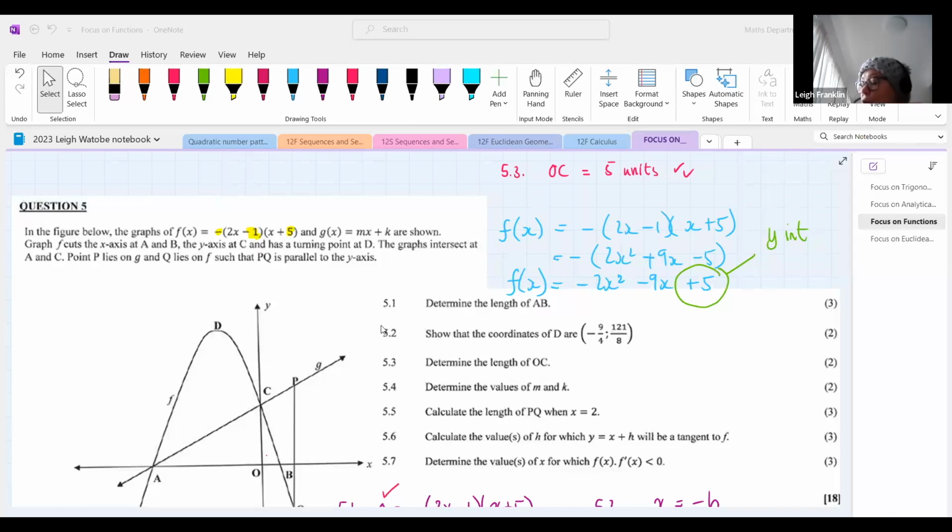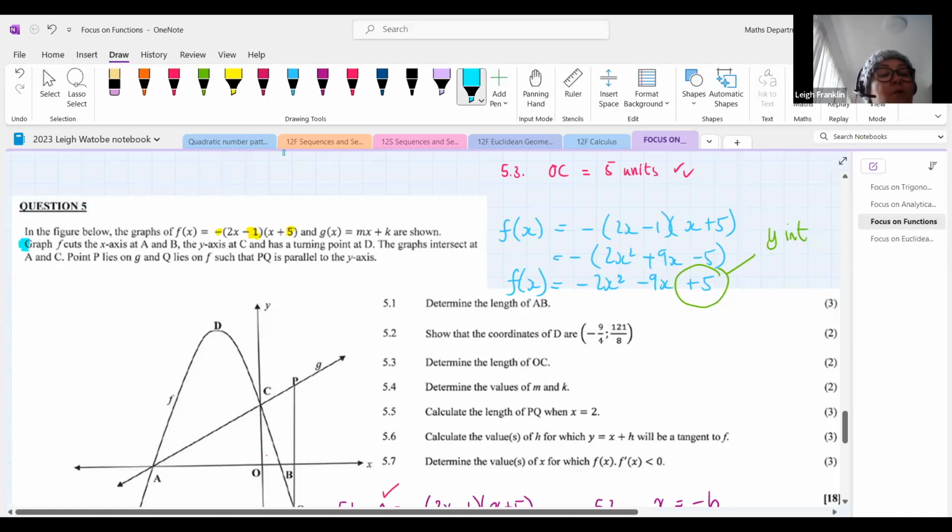The second line tells me that graph F cuts the x-axis at A and B and the y-axis at C. The graphs intersect at A and C. So they are telling us that C is the y-intercept of both graphs, and A is the x-intercept of both graphs. Does that make sense to everybody?